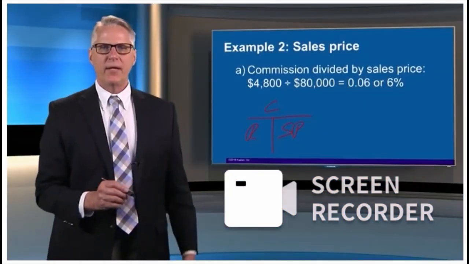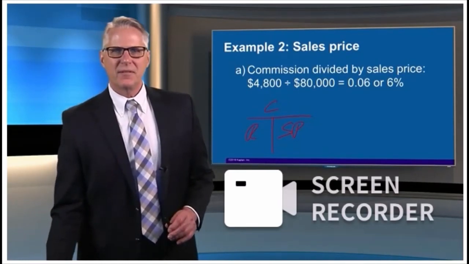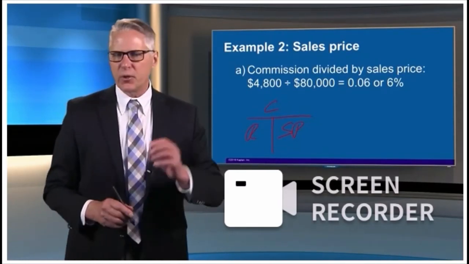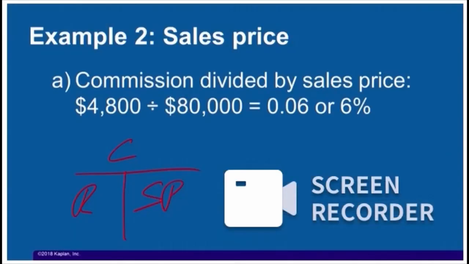Somebody once told me, you know how you remember the formula for commission? CRISP. C-R-S-P. You want to earn crisp new dollars. Maybe that works for you. We know the commission we were paid is $4,800. We know the sales price was $80,000.